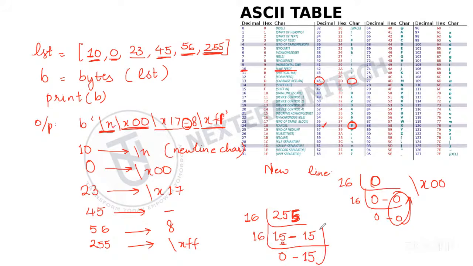You take the remainders from bottom to top. 15 means, you know, A is 10, B is 11, C is 12, D is 13, E is 14 and F is 15. The hexadecimal representations we learned on Day 1, Day 2, right? So that is why when we represent it, we have an x here and FF is the value, combined it is the value of 255. So in that way, you will be getting the outputs.